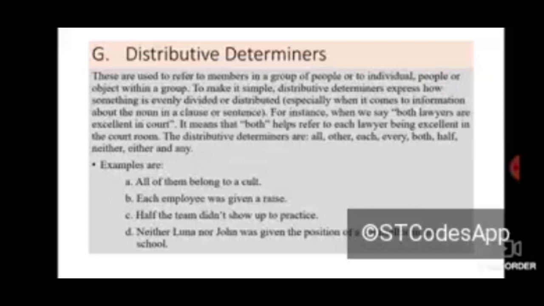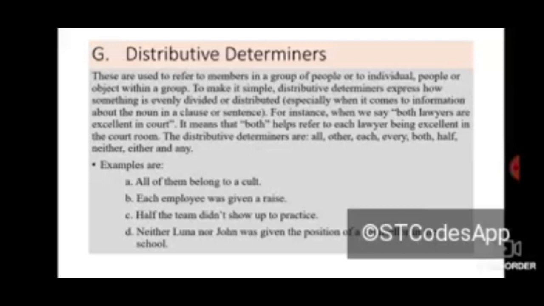That will take us to number G, distributive determinants. These are used to refer to members in a group of people or to individual people or objects within a group. To make it simple, distributive determinants express how something is evenly divided or distributed, especially when it comes to getting information about the noun in a clause or sentence.